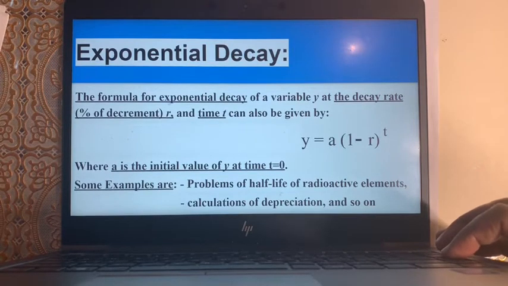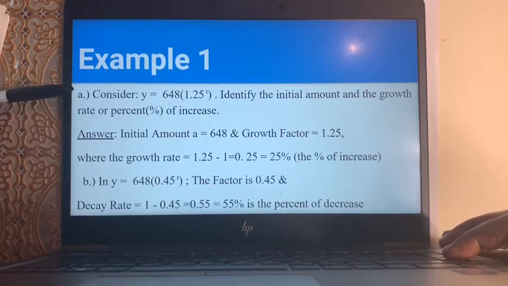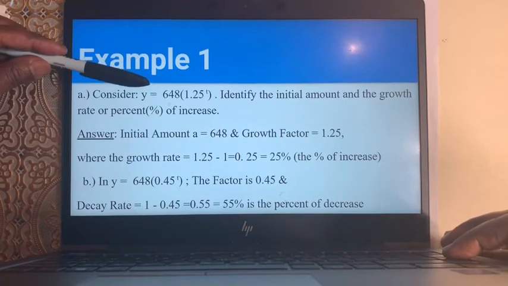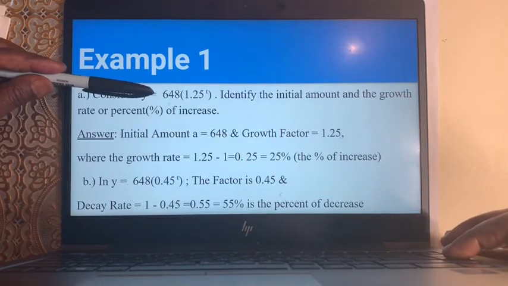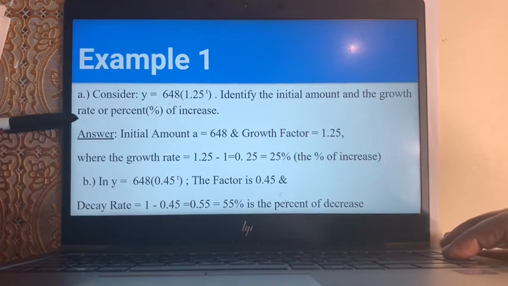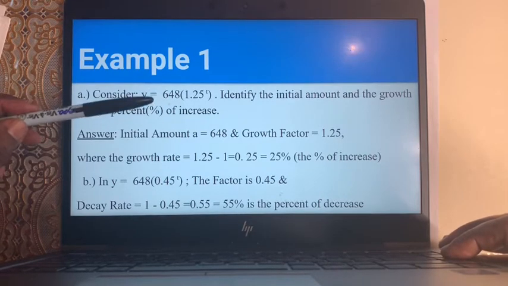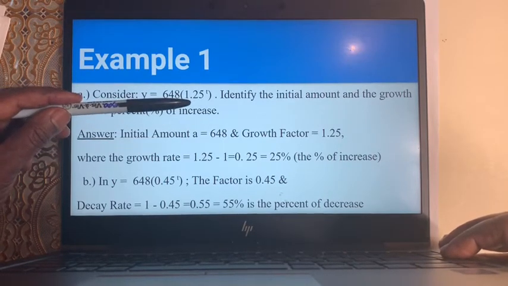So our first or second example, already we have taken our first example, is this one. If you have y equals 648 into 1.5 to the power of t, identify the initial amount and the growth rate or percent of increase. Initial amount is obviously 648. Growth factor is 1.25.